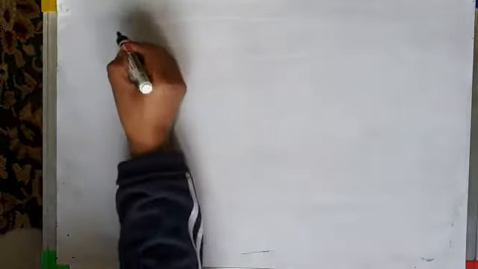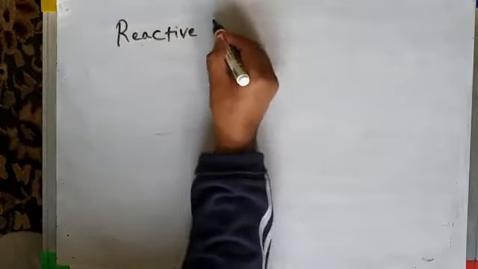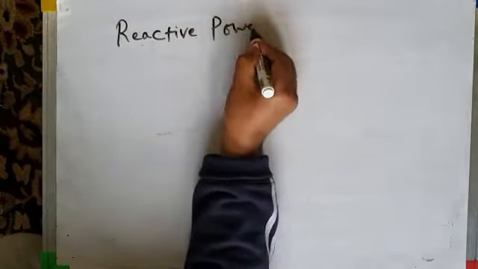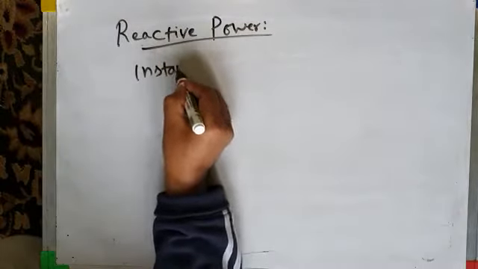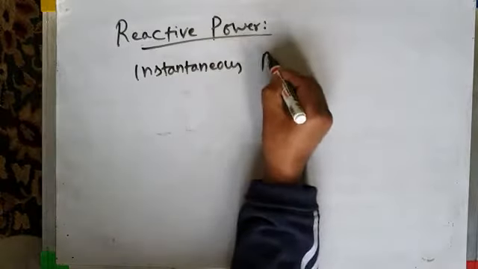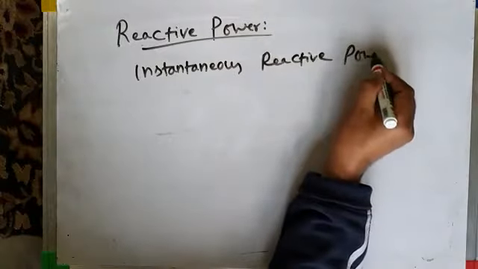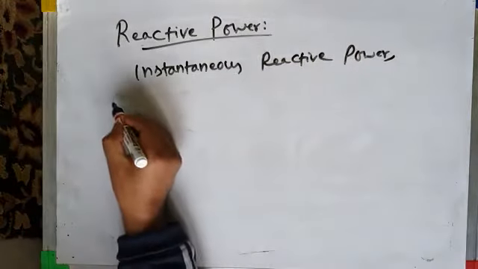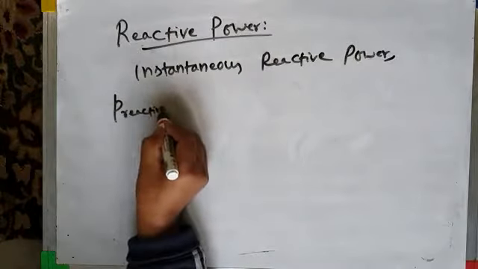What about reactive power? Let us quickly go and find the mathematical expression for reactive power. Let me first of all write the expression for instantaneous reactive power. In that equation 2, instantaneous reactive power P reactive will be given by this term.